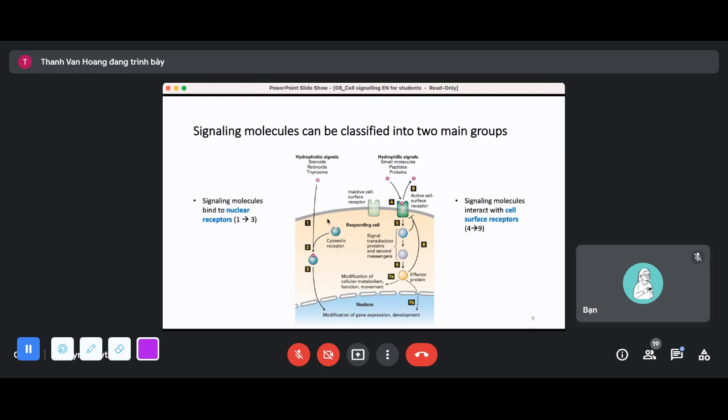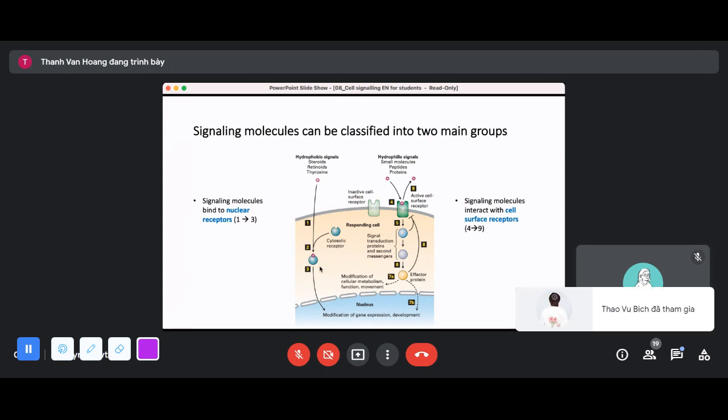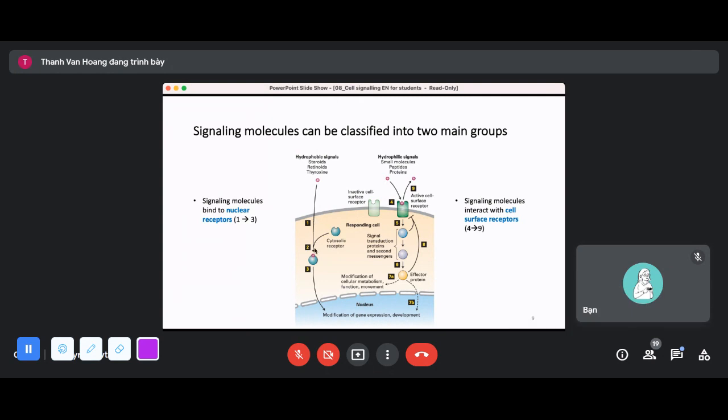And they can cross the membrane themselves and interact with the receptor in the cytoplasm. And when the receptor here is activated, they can go into the nucleus and activate the cell's gene expression. So you can see that in the first case, hydrophobic signal, small hydrophobic molecules, they can cross the membrane themselves and induce the signal.